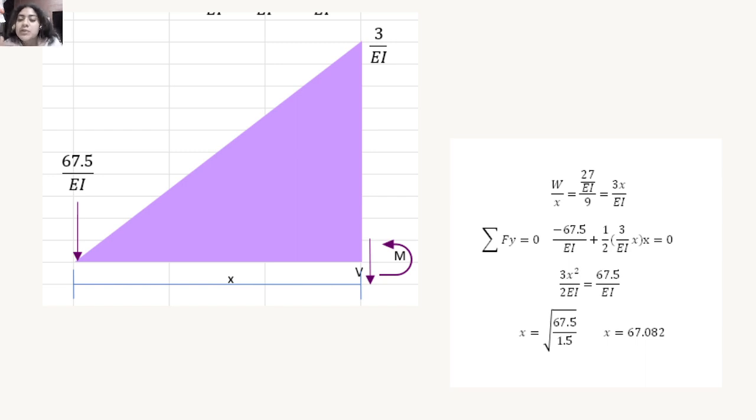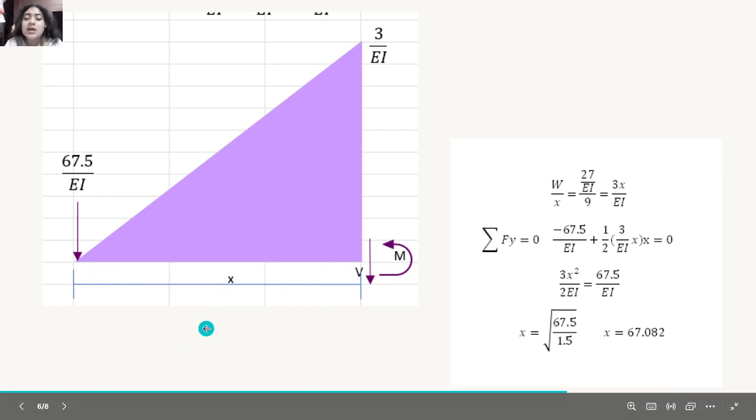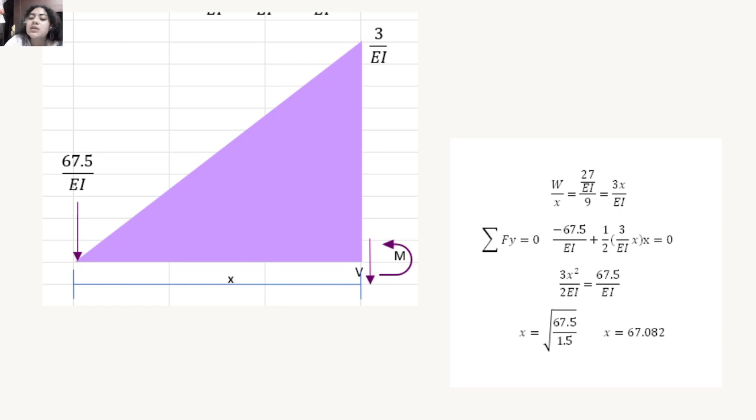a quarter multiplied by 3 divided by the elastic modulus, multiplied by x, it's my distance, but the result is in w divided by x, and that multiplied by x. Why?